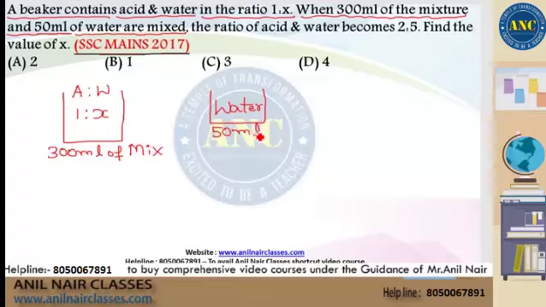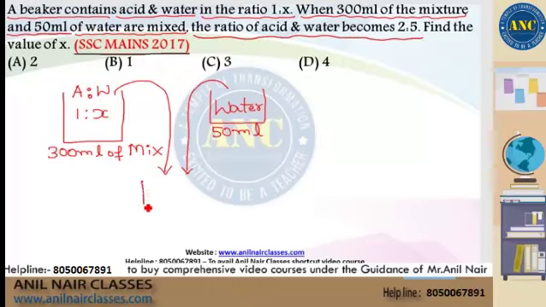The question says, when 300 ml of mixture of this first vessel and 50 ml of pure water from the second vessel are mixed together, then the ratio of acid and water becomes 2:5. There is another vessel. In this new vessel, the acid and water ratio becomes 2:5.